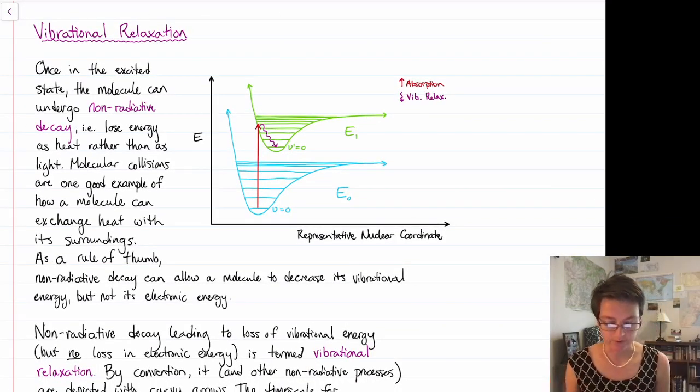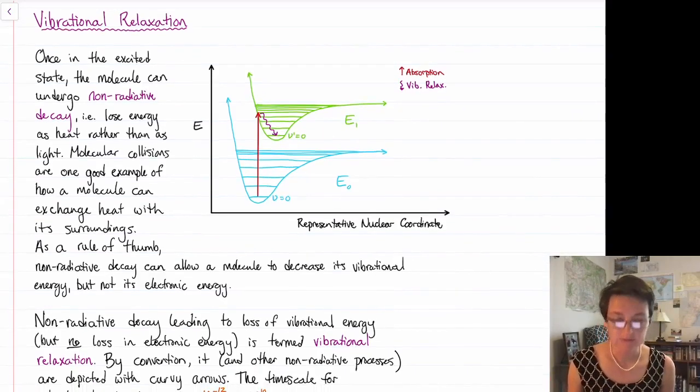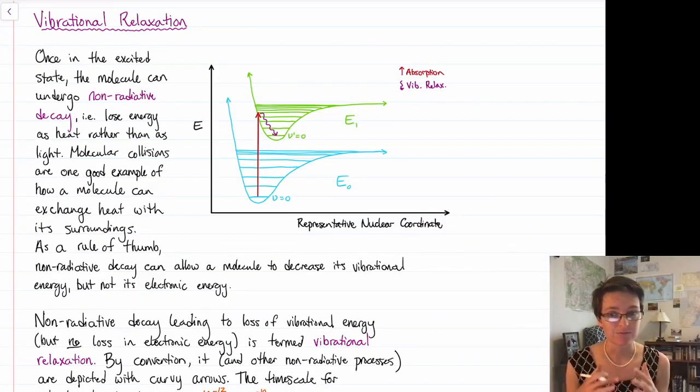After we absorb a photon, there are many different ways that this molecule can get back to its original ground state. One process that's involved in getting back to the ground state is vibrational relaxation. Once we're in the electronic excited state, the molecule can undergo what's called non-radiative decay. That means that the molecule is losing energy in the form of heat rather than in the form of light.